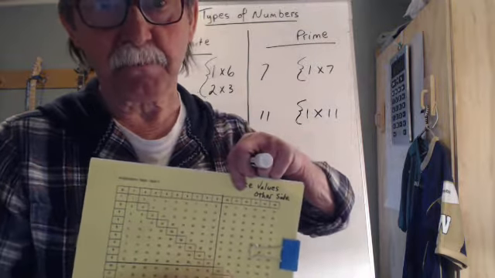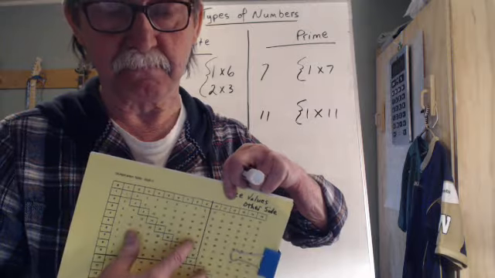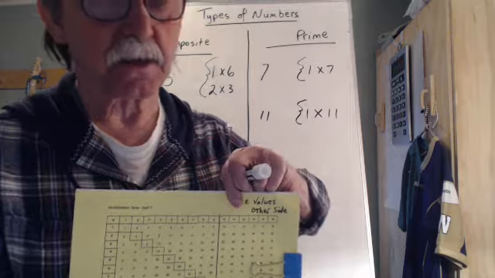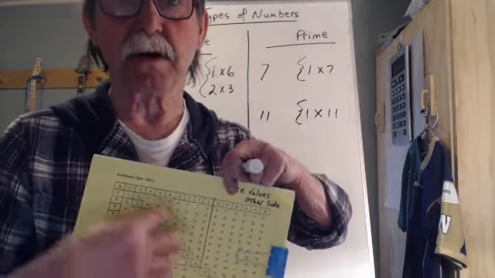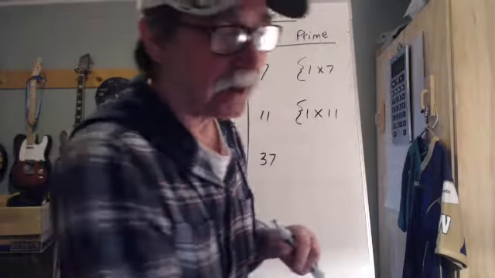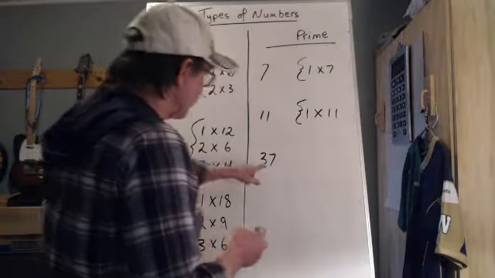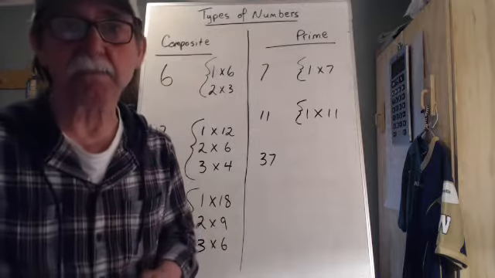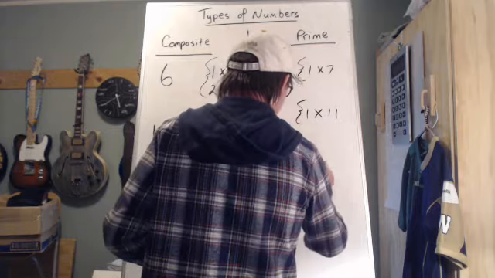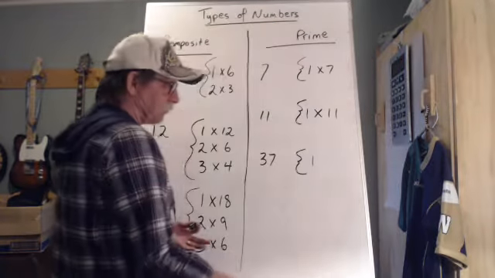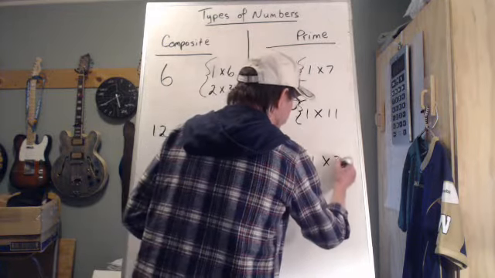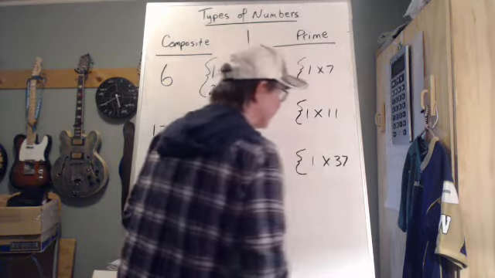So all the numbers on this page are composite numbers. In other words, you can get to them by multiplying some number that is not 1 times another number. So 37 is a prime number, which means that the only way I can do a multiplication to get 37 is to go 1 times 37. That is it.